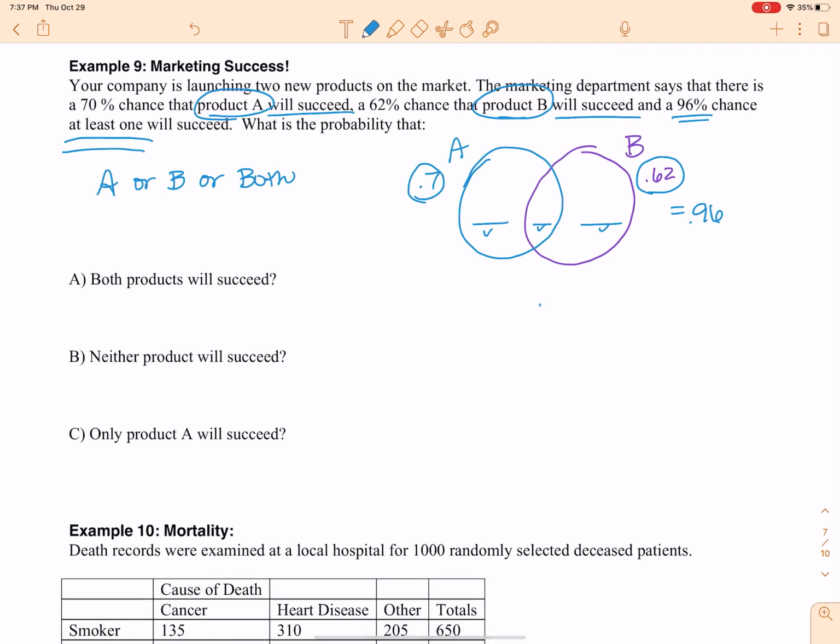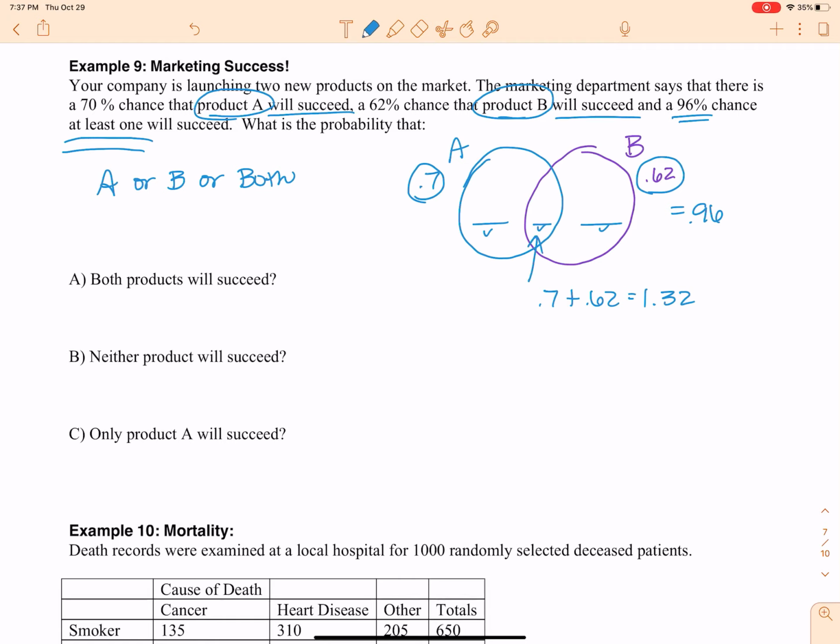Let me show you what happens. When you add these two values, you get 1.32. Right away, you should recognize the problem because probability can't be more than 1. You know why it's more than 1? Because of the overlap right here.